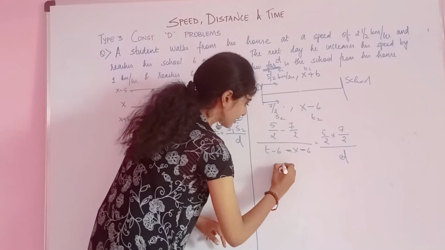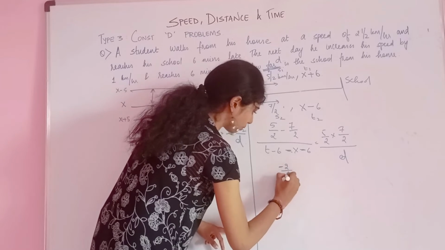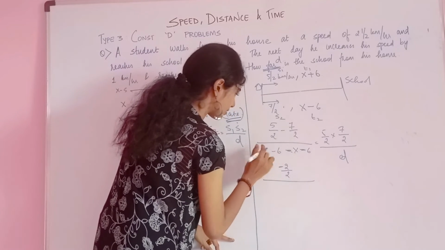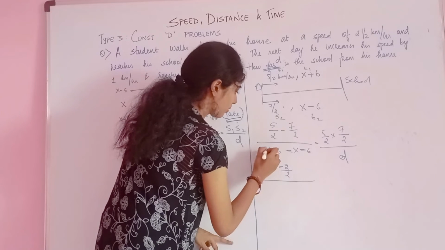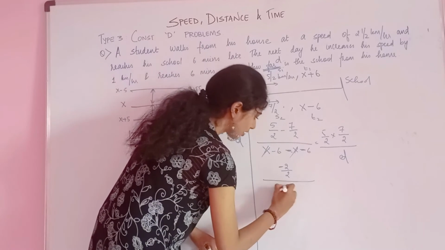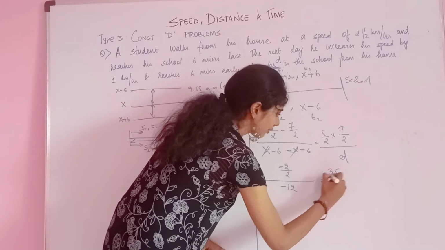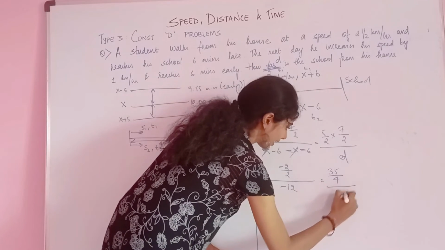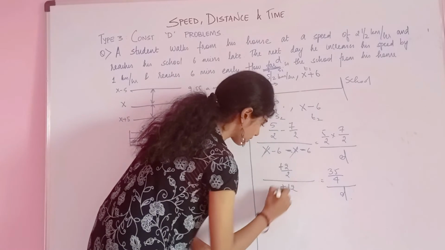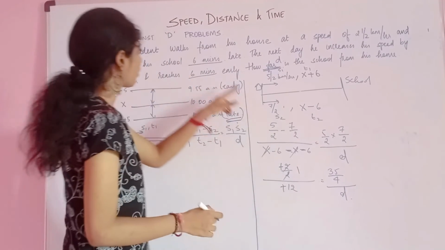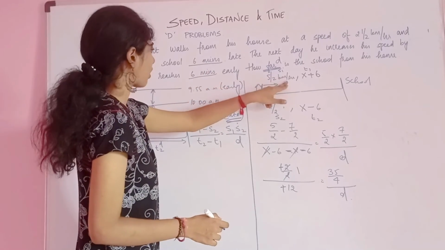So 5 by 2 minus 7 by 2 is minus 2 by 2 divided by, here this is not T, this is x. So x and x gets cancelled. So it is minus 12 is equal to 5 7s are 35 divided by 4 divided by D. So minus minus will become plus.